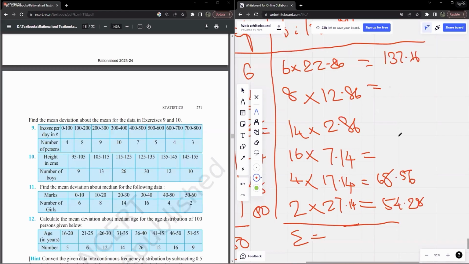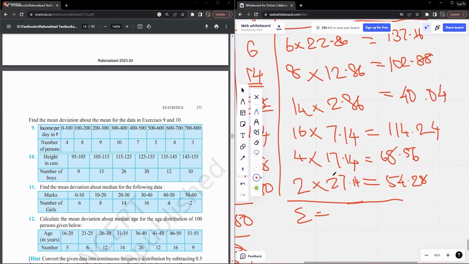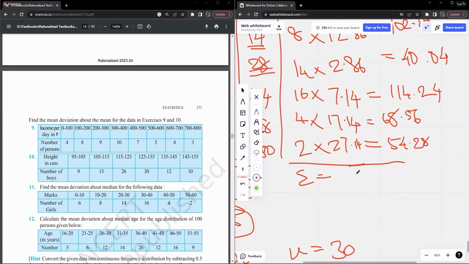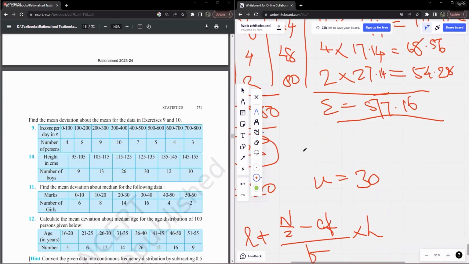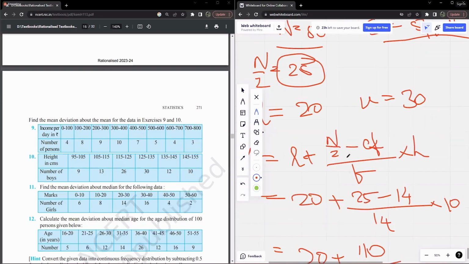And 14 into 2.86 is going to be 40.04. And then you have 7.14 into 16, which is 114.24. Finally, the sum is going to be 517.16.